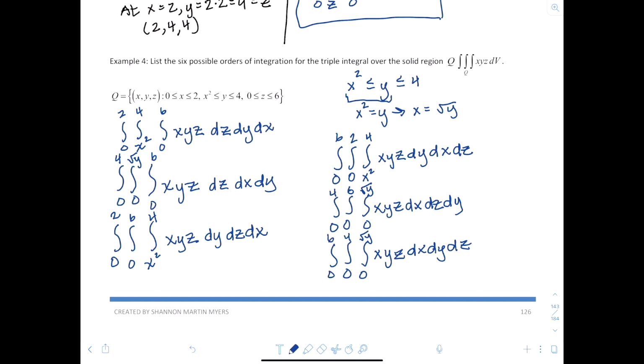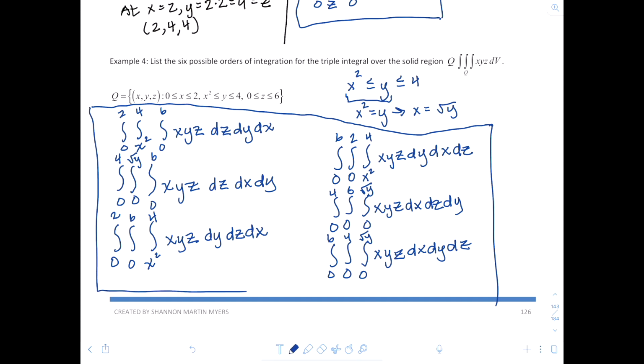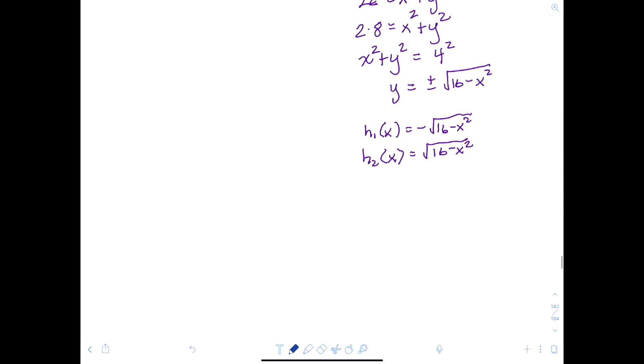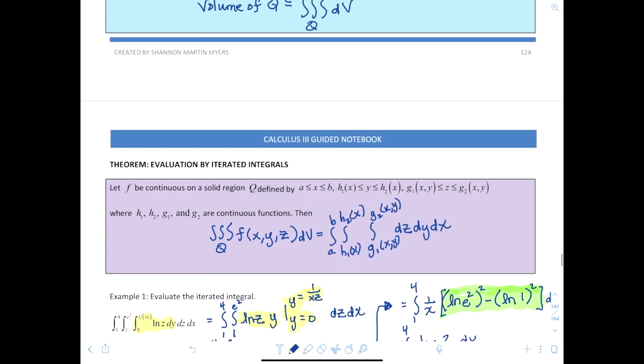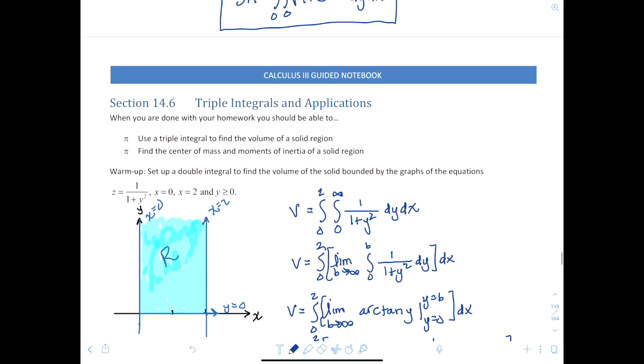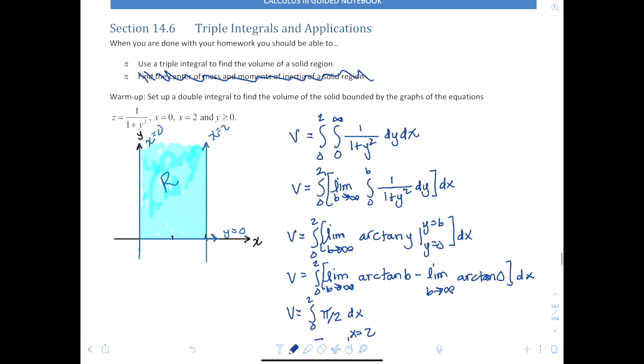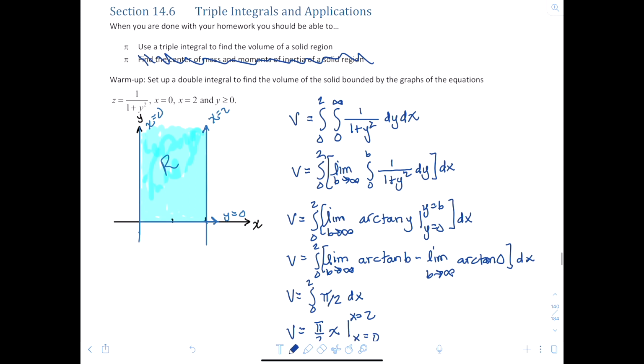So these are the 6 different ways that we could set this triple integral up. All right, and actually I'm really sorry, I chose to do different applications, so we're actually not finding the center of mass and moments of inertia, but that's okay. You've got your triple integrals set up.